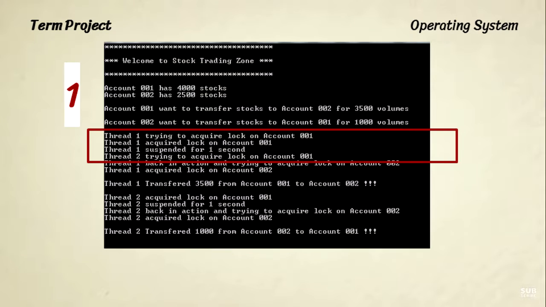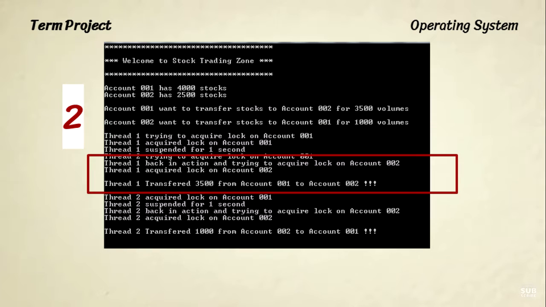The main process started. As you can see, thread 1 tries to acquire a lock on account 1, and thread 1 acquires the lock on account 1. Thread 1 is suspended for 1 second. At the same time, thread 2 tries to acquire a lock on account 1, which thread 1 already acquired, so thread 2 is blocked for the moment.